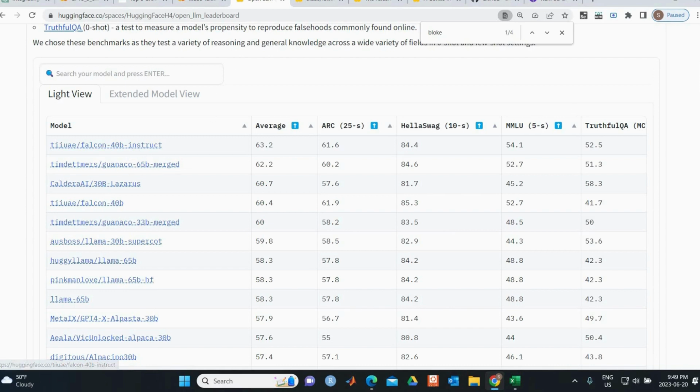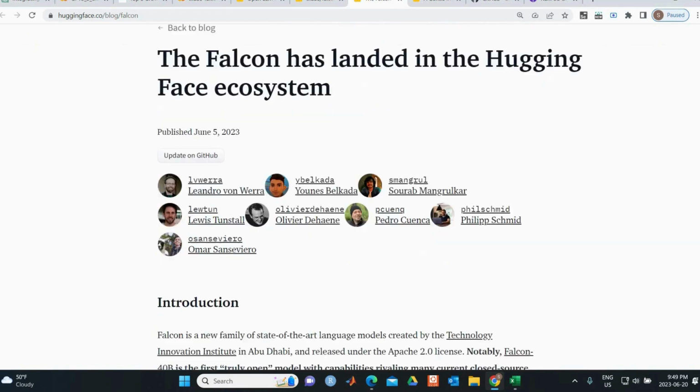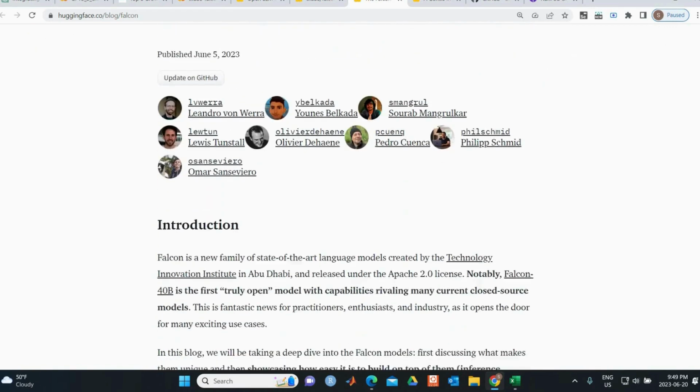On the leaderboard, GoNarco 65B is second, then we have GoNarco 33B merged model, Llama 65B, and other models. There's a nice blog set up by these authors, published on June 5.